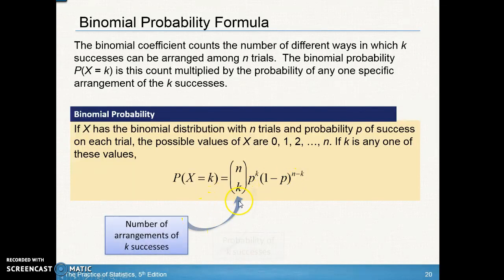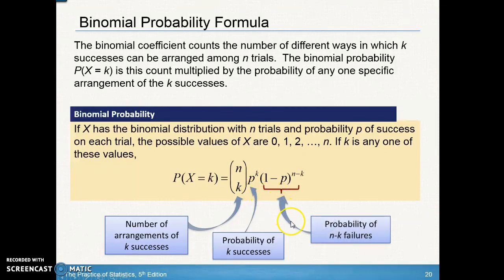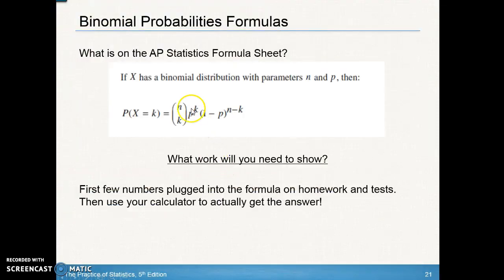So k is your number of successes, p is our probability of success, and 1 minus p is the probability of failures. Like I said, on your graphing calculator, this n over k is basically nCk, and your graphing calculator will give you that combination formula.